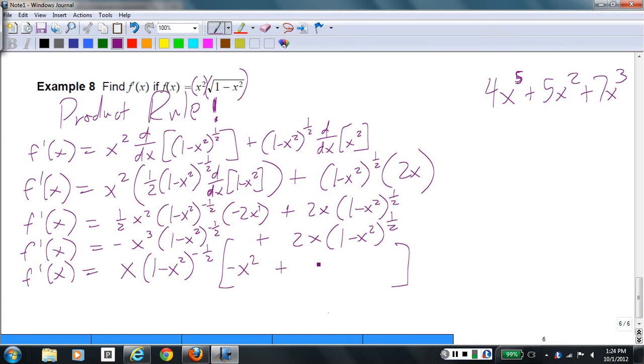Yeah, we're going to need a 2 there, times 1 minus x squared to what power, so that if I add negative 1/2 to that power, I get positive 1/2? Negative 1/2 plus what will give me positive 1/2? 1. Do we have to write the 1 or no? As long as you know that it's there, you don't have to write it. So I'm going to erase it. I know it's there. There. So 1 minus x squared.